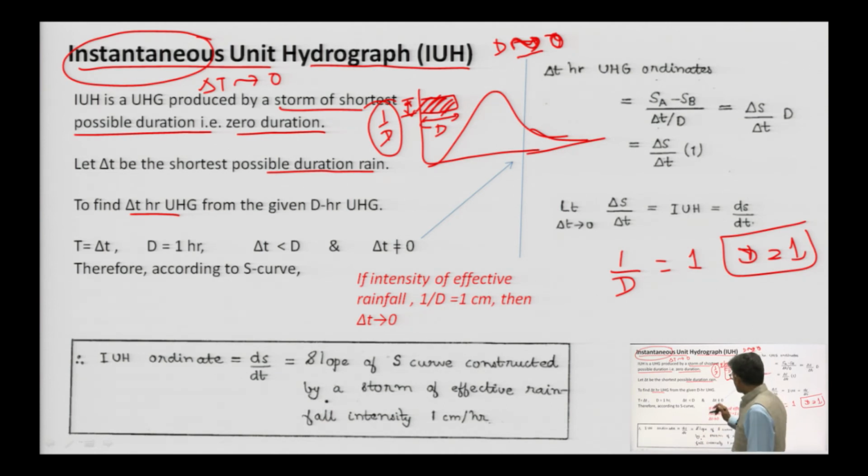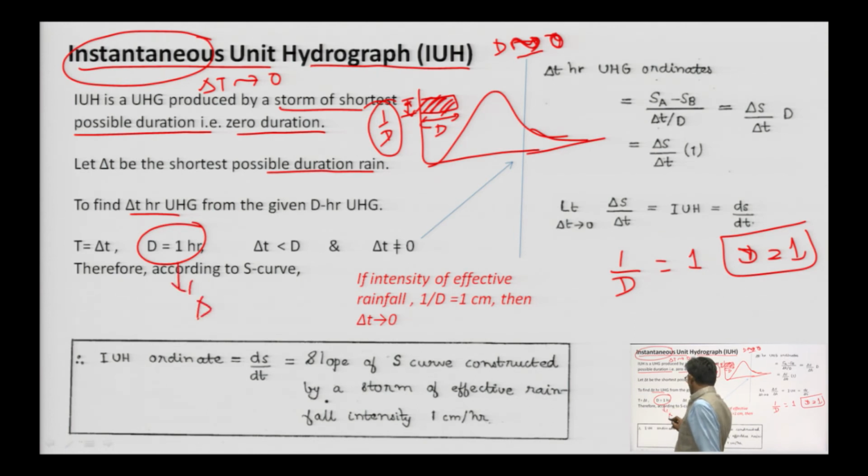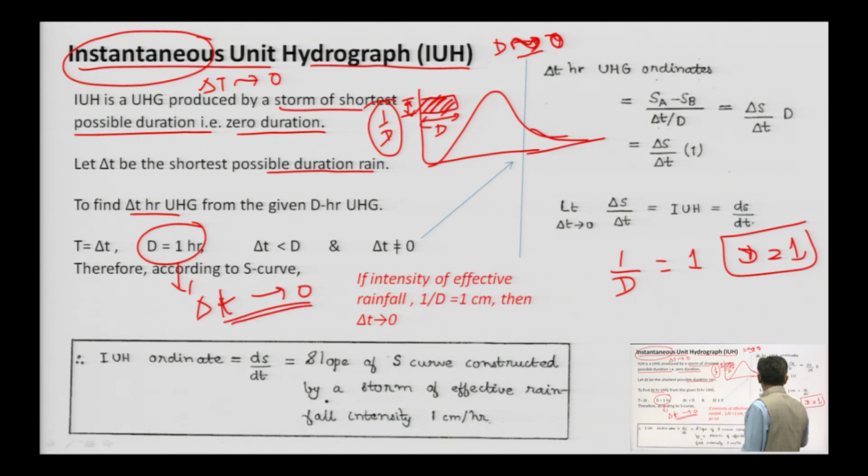Okay. So if d is equal to 1, and only then is ΔT tending to 0, because we have taken 1/d equal to 1 centimeter. 1/d into dt is equal to 1 centimeter.